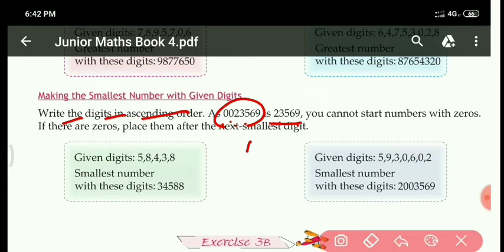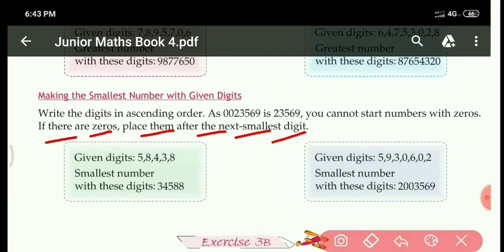It means don't write the smallest number starting with 0. If 0s are given, then place them after the next smallest digit. Okay.